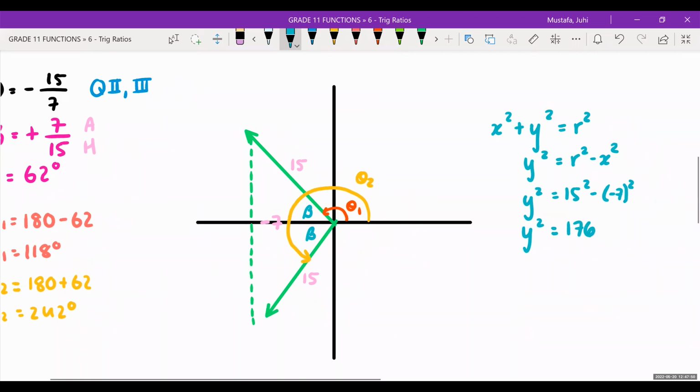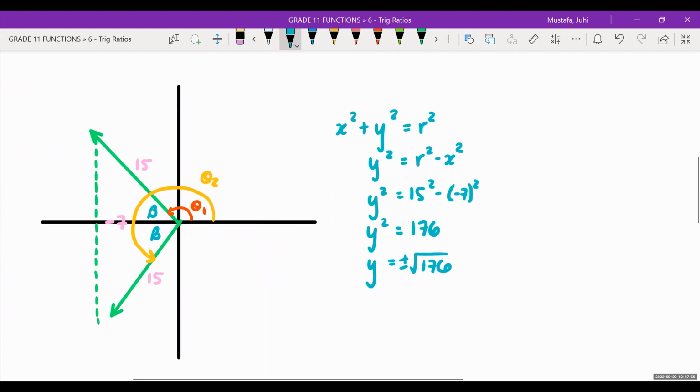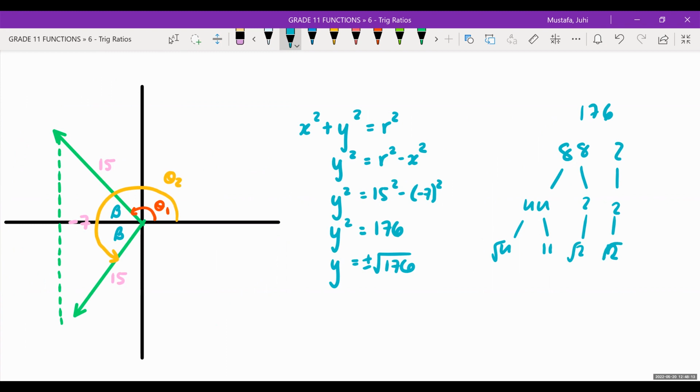Could we reduce that? Probably. Reduce this. It's going to give me 88. So 176 can be broken up to 88 times 2, which can be 44 times 2 times 2, which can be 4 times 11 and times 2 times 2. So it's going to be 4 root 11.